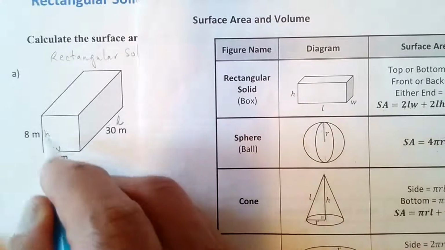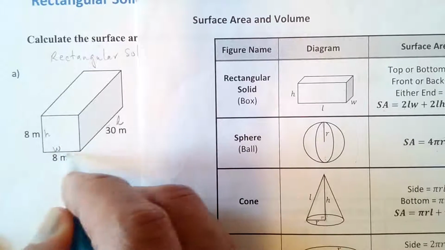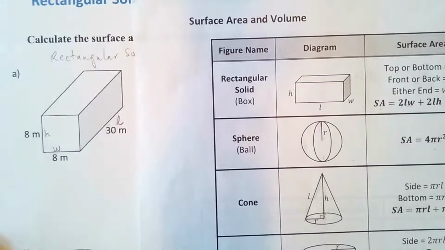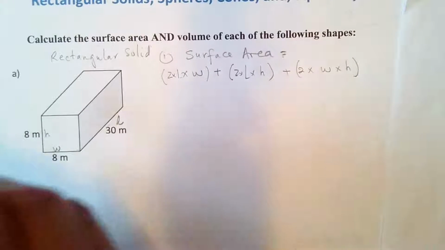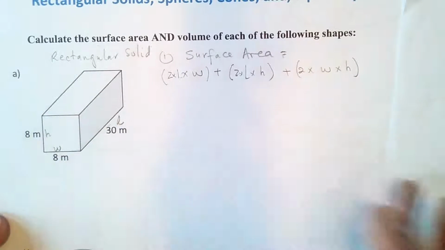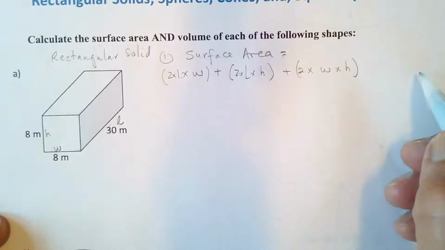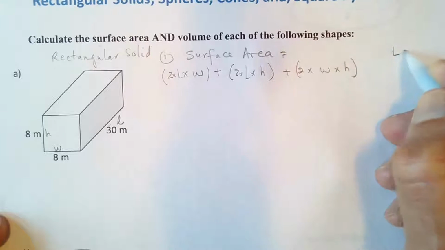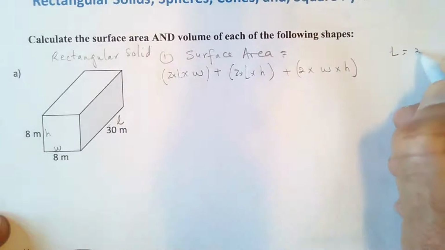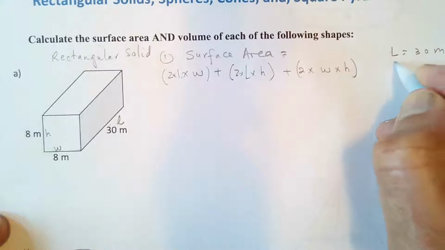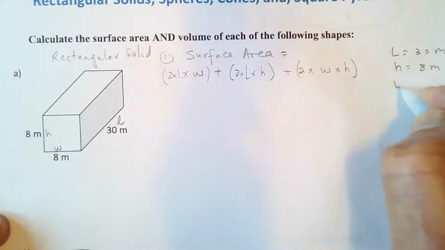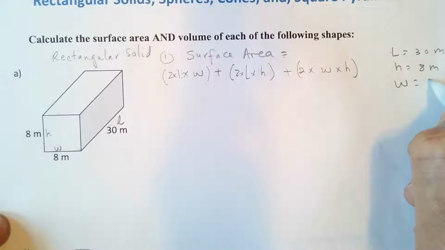The length of the box, the height of the box, and the width of the box. It's all recorded beside here. So our length is 30. Our height given is 8. And the width is equal to 8 meters also.